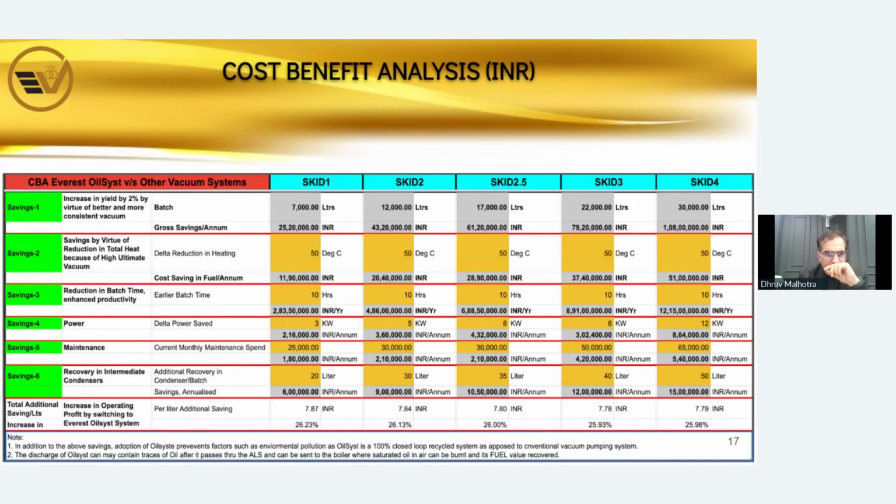Only by increasing his yield by 2%, the customer was able to generate an additional profit of more than 100,000 US dollars. Now, saving number 2 was the saving by virtue of reduction in total heat because of high ultimate vacuum.